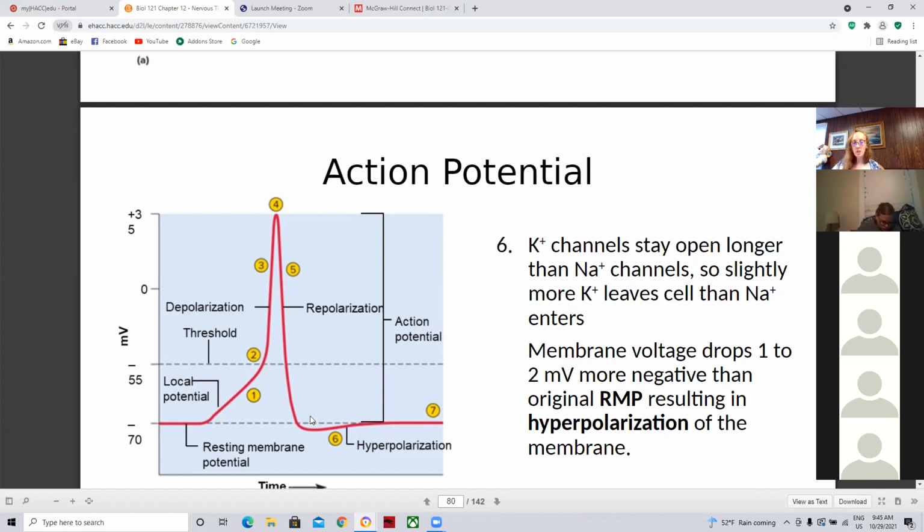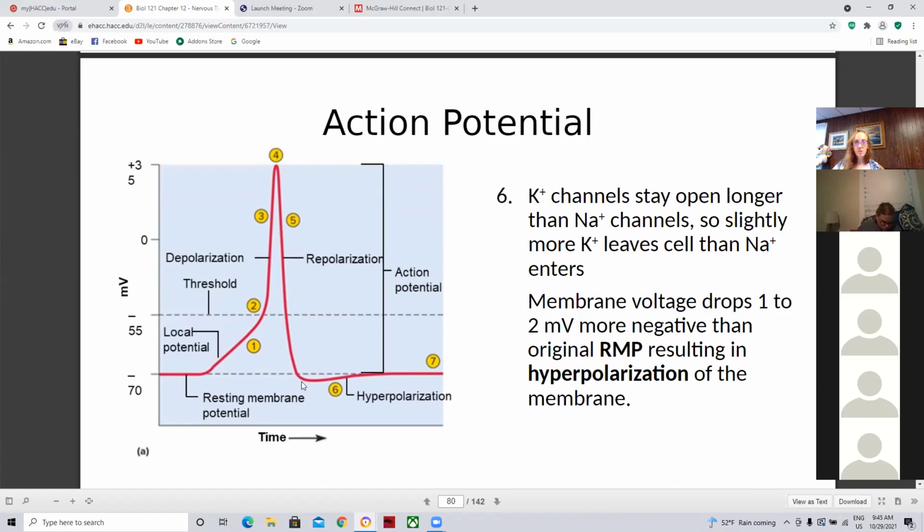The membrane potential is going to become 1 to 2 millivolts more negative than the original resting membrane potential, so it's going to become like negative 71 or negative 72 millivolts. So this is going to result in a hyperpolarization of the membrane.